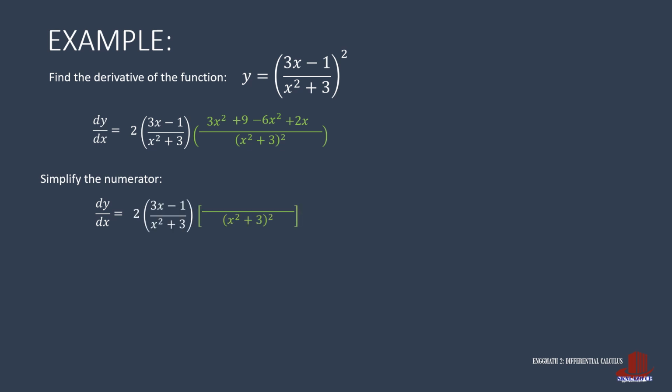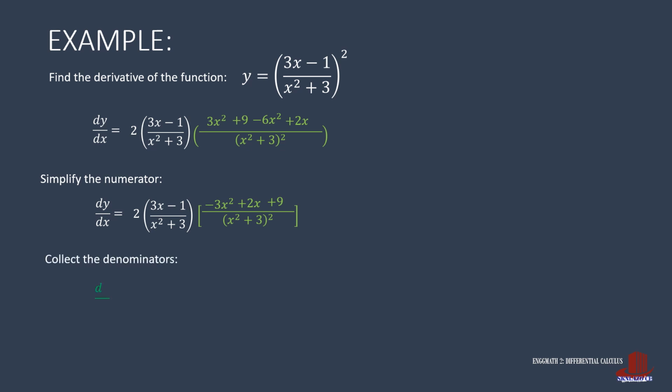The next thing is to collect similar terms in the numerator. So the derivative would have the third term as negative 3x squared plus 2x plus 9 upon the square of the binomial x squared plus 3. At this point, there is nothing much to do from the numerator, but we can combine denominators.